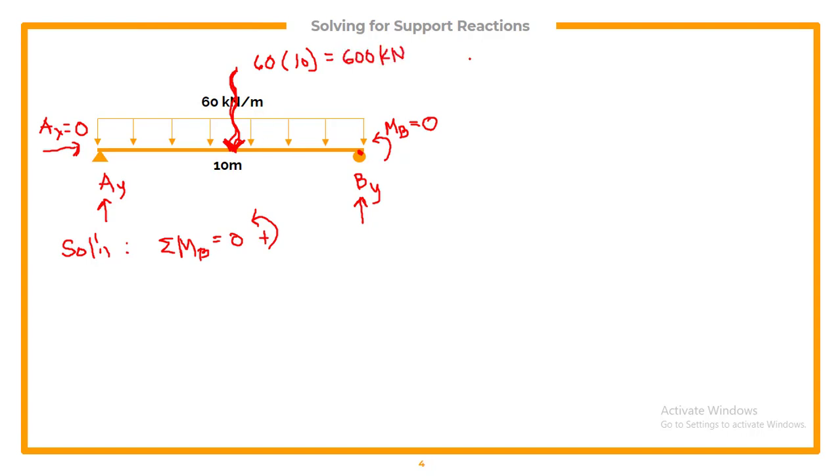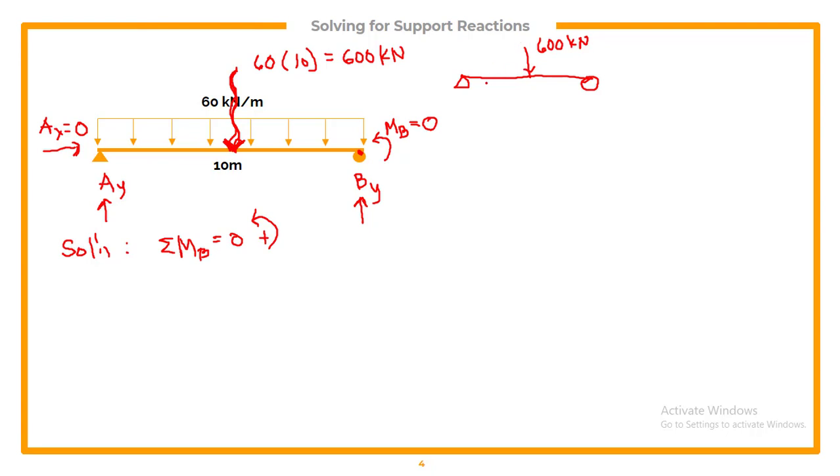So, pwede na siya matransform into like this one, 600 kilonewton. So, this one and this one is the same. Pero kani siya, naka-distributed load, tapos kani siya is naka-point load. So, ang kaning imong 60 kilonewton per meter, imo siyang transform into a point load.